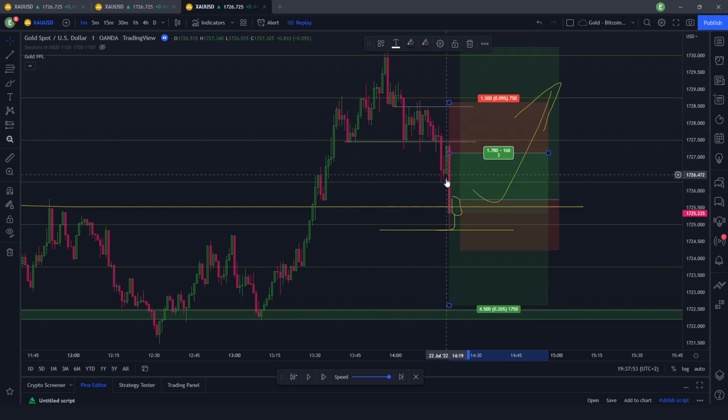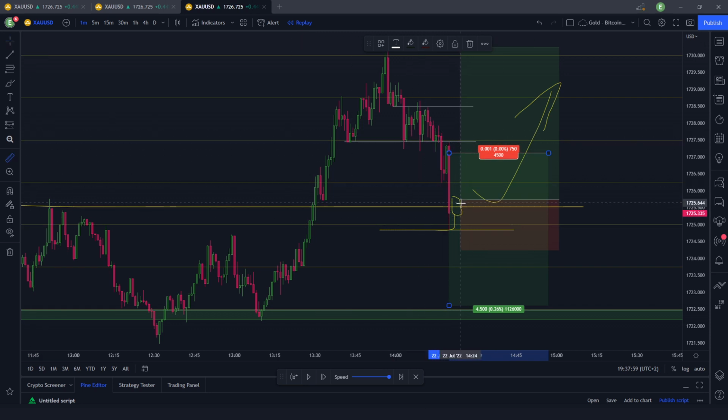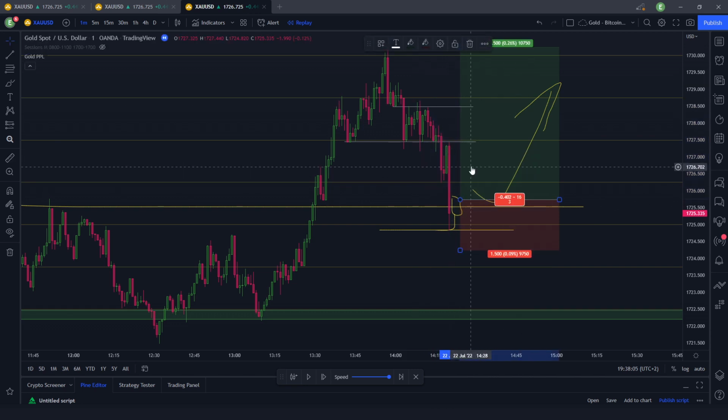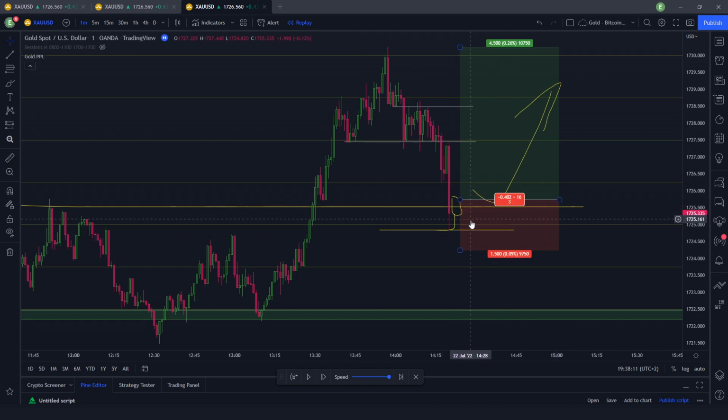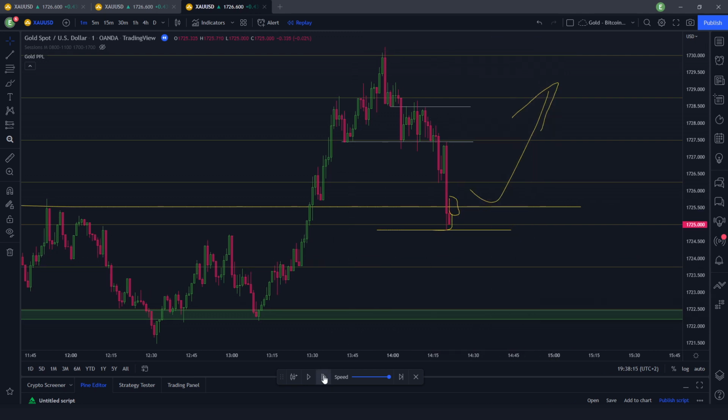You have these partials taken, 25 pips, and you are at break even. So you are sort of hedging against this sell, so that if the price wants to go back up, yes, this one will be taken out at break even, but you will profit from here. Or if the price drops immediately down, you will get this loss, but you will still have these profits going. Let's see the very next candle.